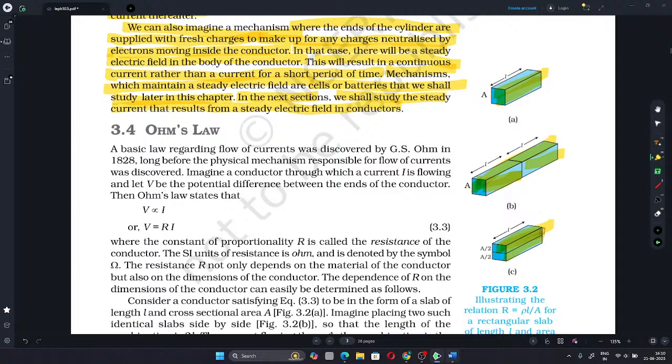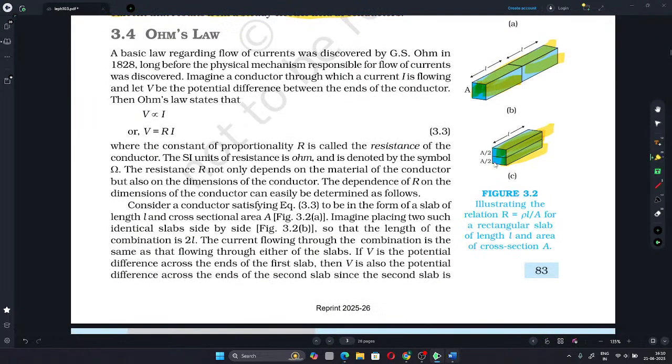Here, illustrating that resistance equals rho L by A, where rho is resistivity, L is length, and A is area of cross section for a rectangular slab of length L and area of cross section A.